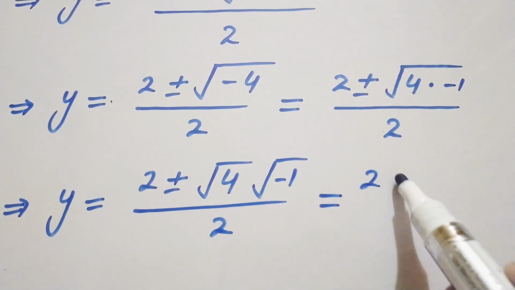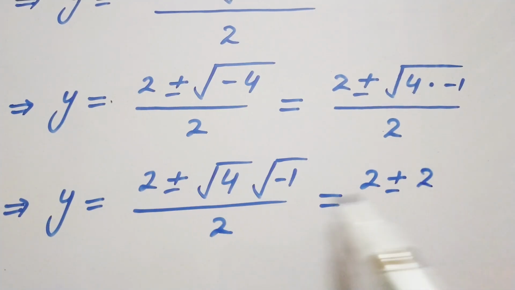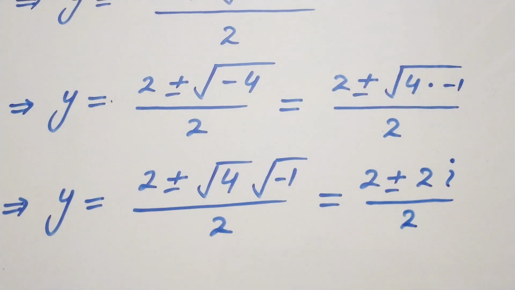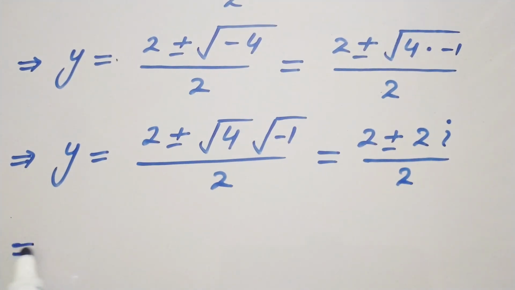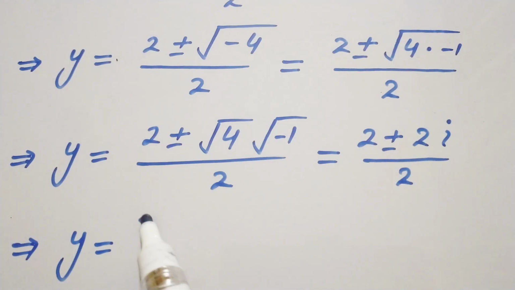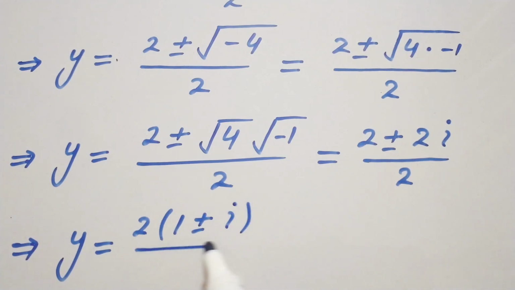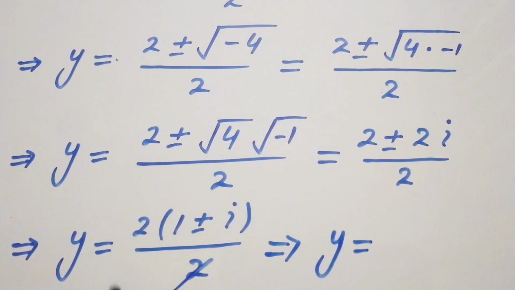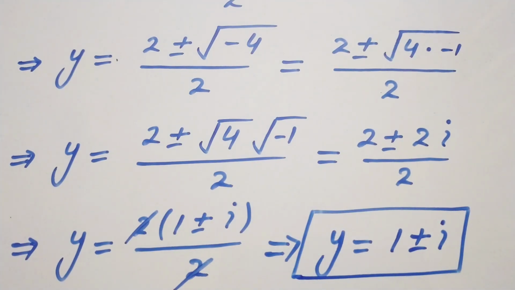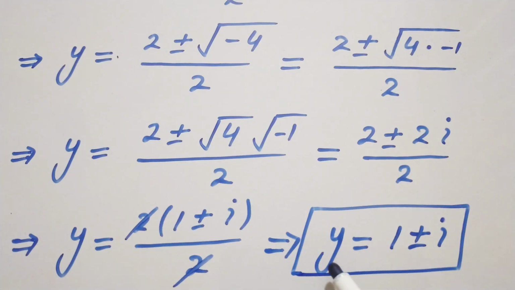This is equal to 2 plus minus square root of 4 is equal to 2, minus 1 square root is equal to iota, divided by 2. This implies y is equal to take common 2 from numerator, 2 and inside 1 plus minus iota divided by 2, and this implies y is equal to this 2 cancels with this 2, 1 plus minus iota. So from the first case we have the values of y.